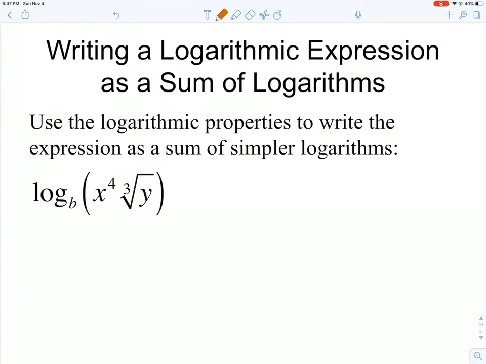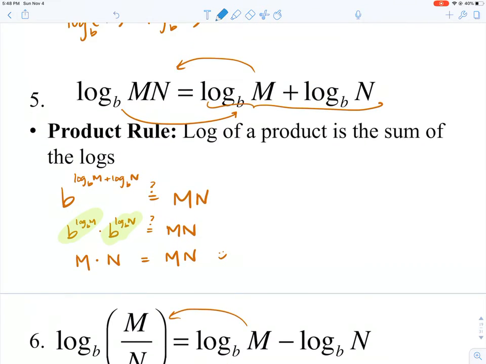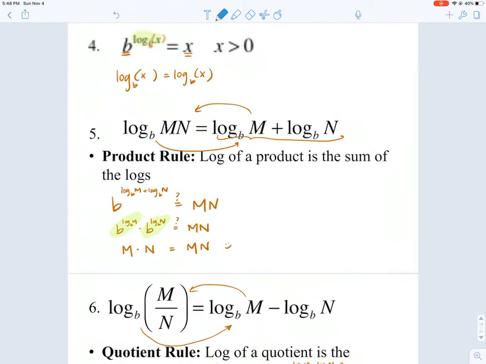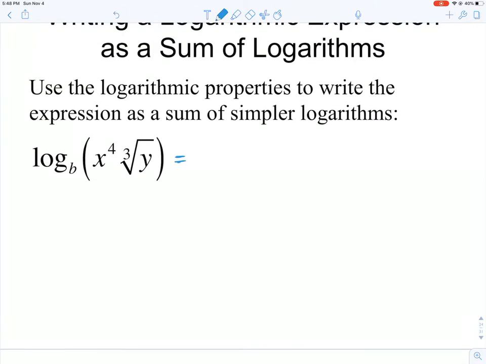So let's use logarithmic properties to rewrite the expression as a sum of simpler logarithms. So we can use the product rule here. Just a reminder, I'll scroll back up to it. Product rule. Okay, so I can rewrite this as a sum of logarithms, so log base b of x to the 4th plus the log base b of the cube root of y.